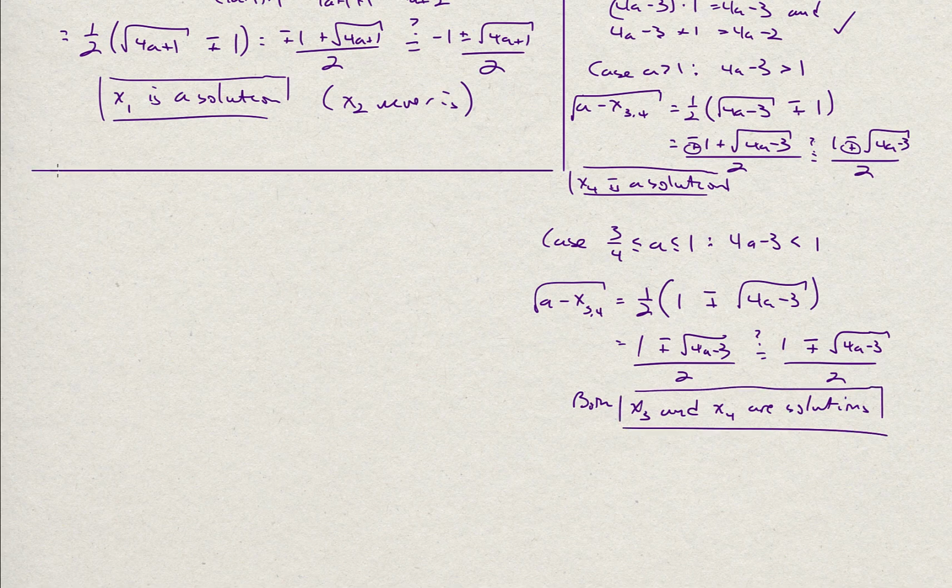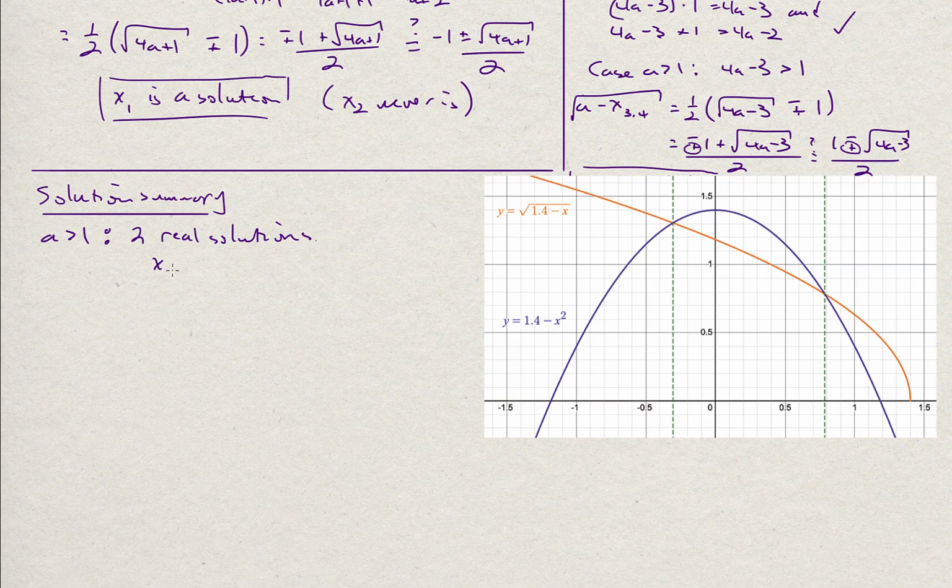Let's put all this together and give a summary of our solutions. So if a is greater than 1, then we have two real solutions: x1, which equals negative 1 plus the square root of 4a plus 1 over 2, and x4, which is 1 minus the square root of 4a minus 3 all over 2.